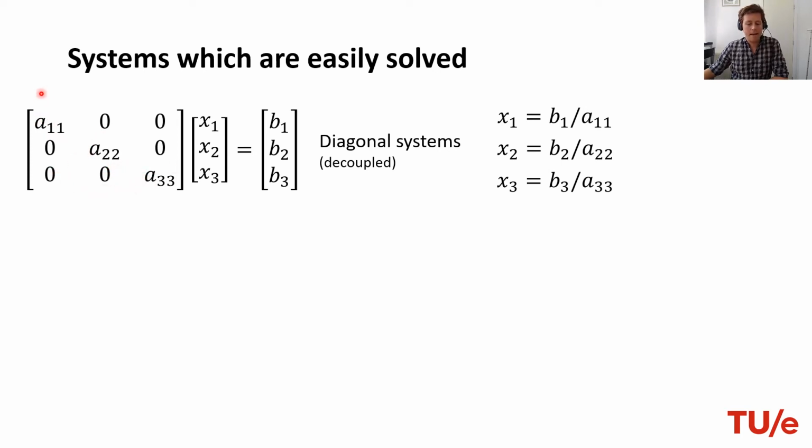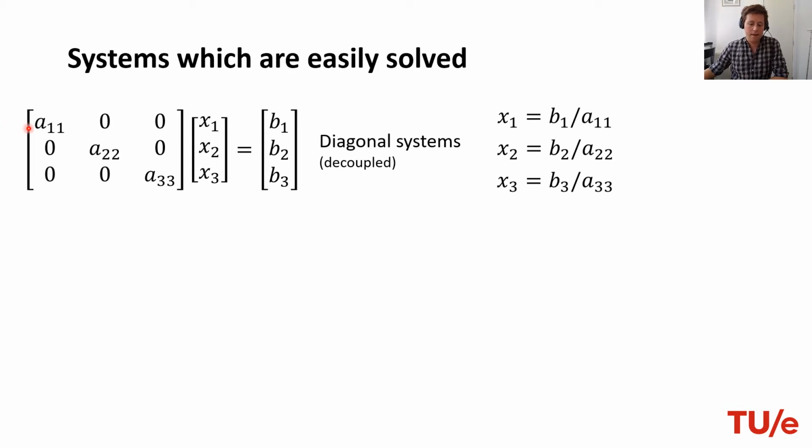This indicates that, for example, the first row has no contributions of any unknowns other than the first unknown. So the first equation in this matrix system is decoupled from all the other equations in the system.